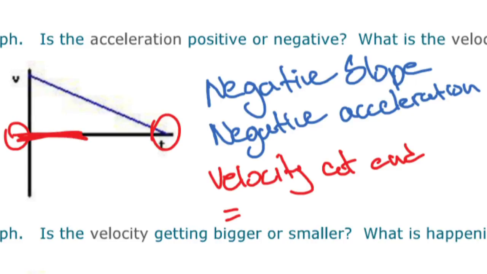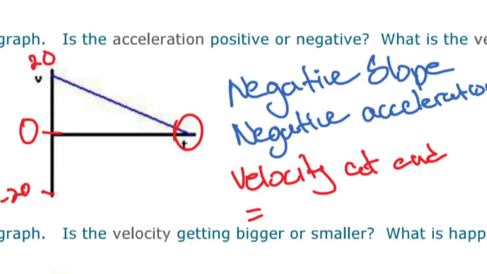What is the velocity here? Let's make this 20, and down here we can make that negative 20. What's the velocity right in the middle? The velocity at that point is going to be 0. Anything on the line is going to have a 0 velocity.